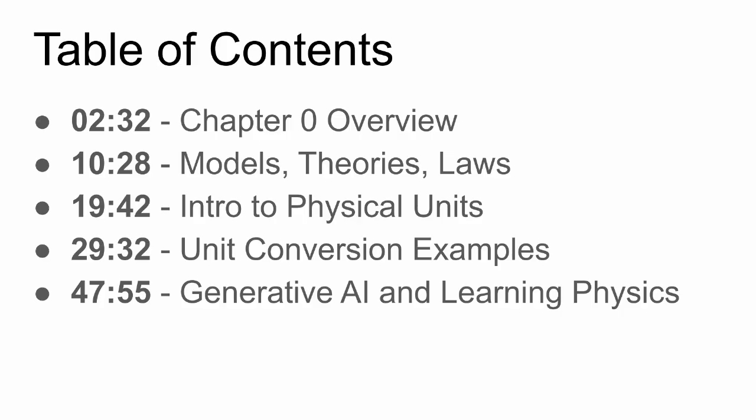And you will see the connection between these basic fundamental units and derived units in the Intro to Physical Units lecture. We follow this with some examples of unit conversion exercises, along with an online tool that you can use for unit conversion after you feel like you have had enough practice converting units by hand.